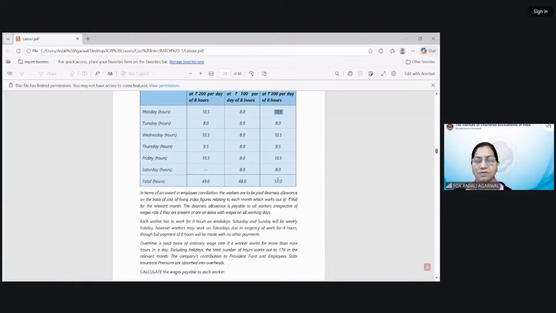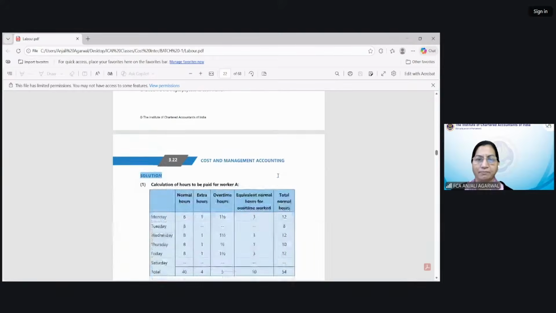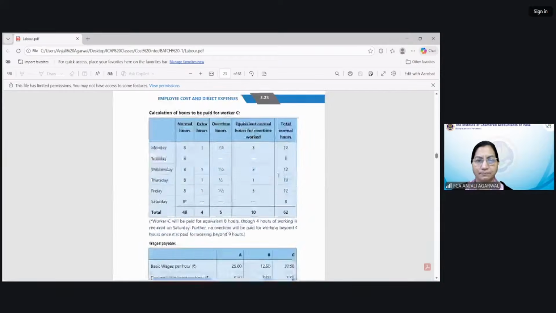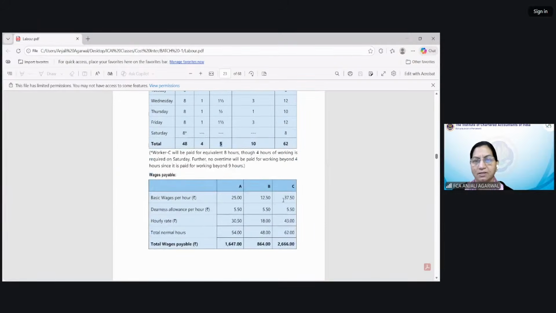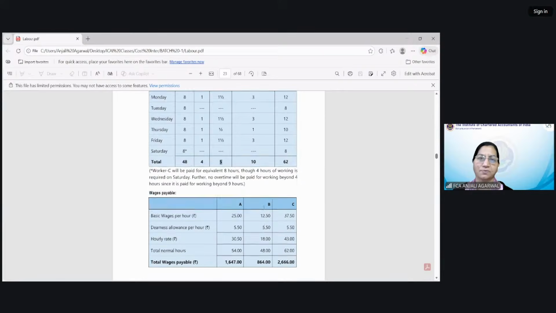So again, he also is giving a total of 5 hours of overtime. So 48 hours normal, 4 hours extra, and 5 for overtime, equivalent to 62 hours. 37.5 plus 5.5, 43 into 60.